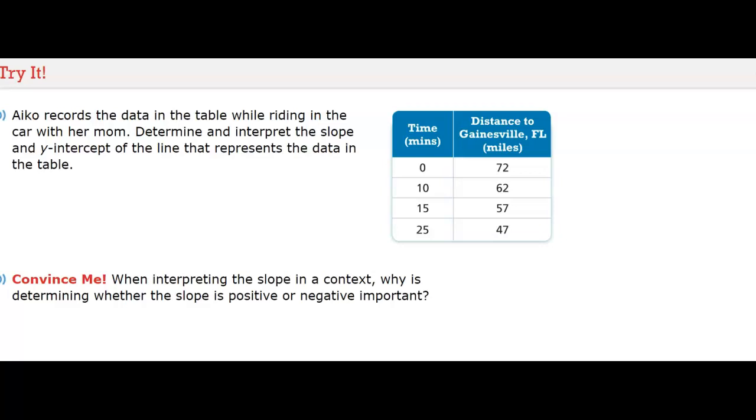So the y-intercept is where the line crosses over the y-axis. As a rule of thumb, most times the first column is your x and the second column will be your y.